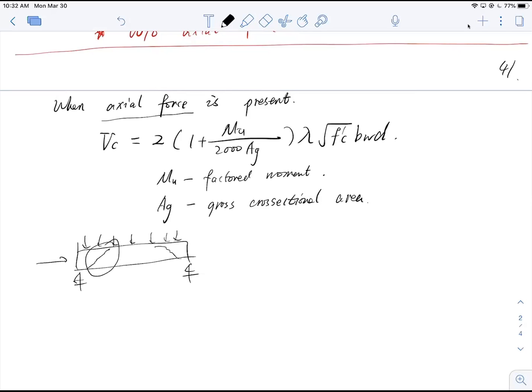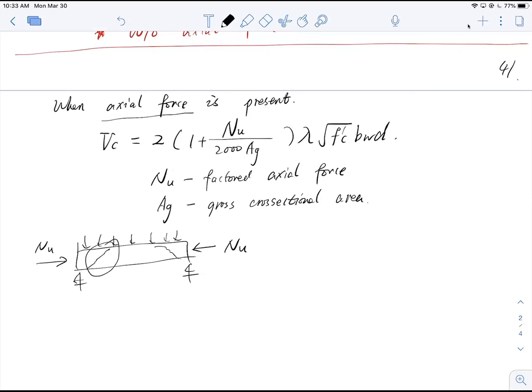And then I also have my axial force like this. Okay, sorry, this is not Mu anymore. Make a correction here. This is Nu, the axial force. Sorry, this is factored axial force.